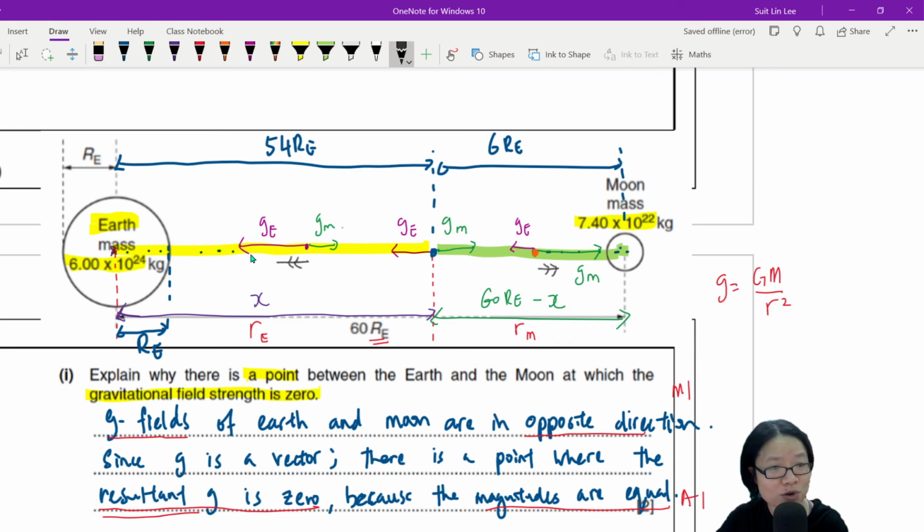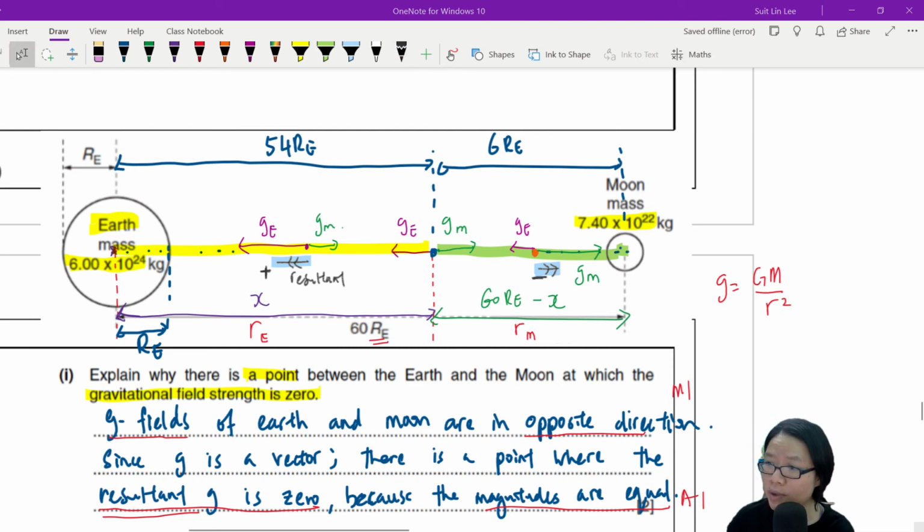If the resultant changes direction, from towards the Earth to towards the moon, it means that you have to flip the graph polarity. I took this side as positive, meaning the other side must be negative.